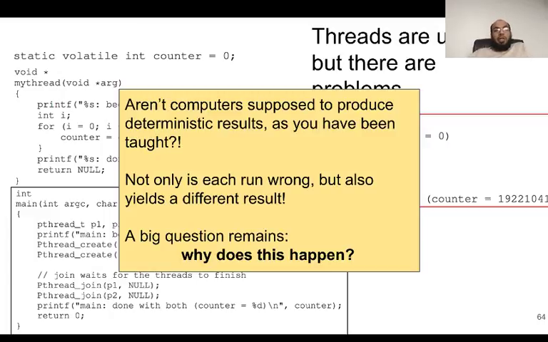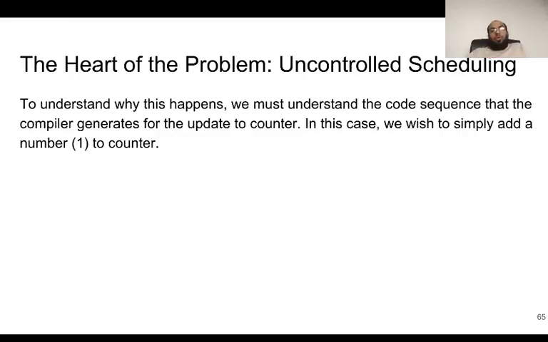When you run a calculation, you want the same answer every time. The problem is the uncontrolled scheduling. You do not control when the scheduler kicks in and decides to remove some thread from the processor and schedule some other thread instead, or some other process.